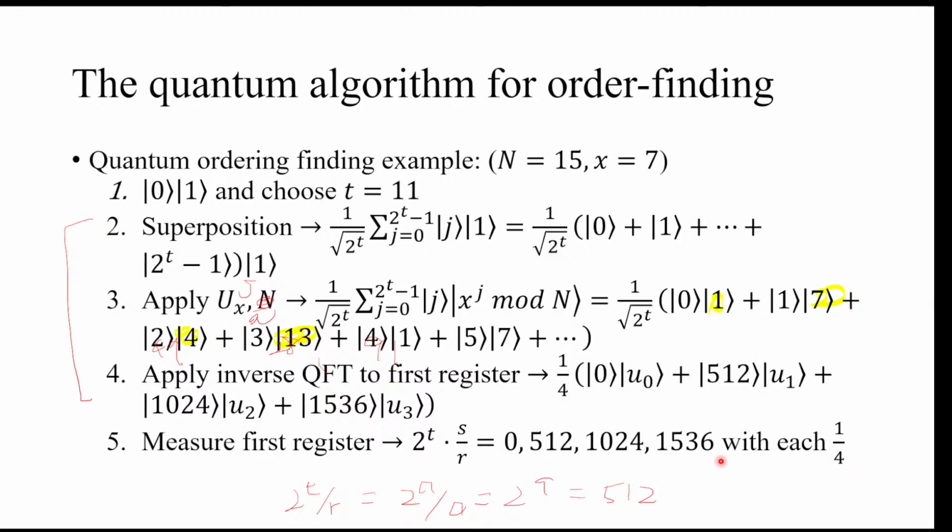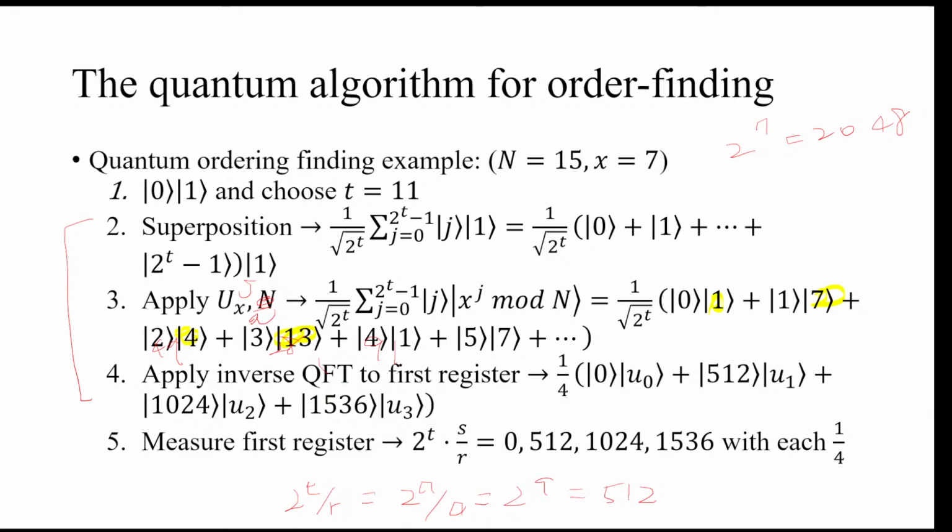I think it's actually a bit weird. 2 to the t, I think. Oh, never mind. So 2 to the 11 is 2048.